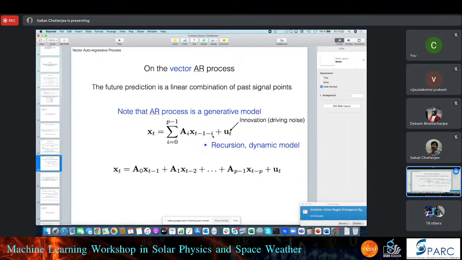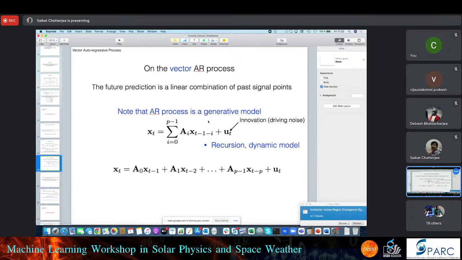So x t minus 1, x t minus 2, x t minus 3, like this up to p past values. If you linearly combine them, that is the part which you could predict about x t, and then the extra part, that is this u t part, is nothing but a driving noise of the system. That's the innovation. It's also called the innovation of the system. That is the part which you could not predict in this model.